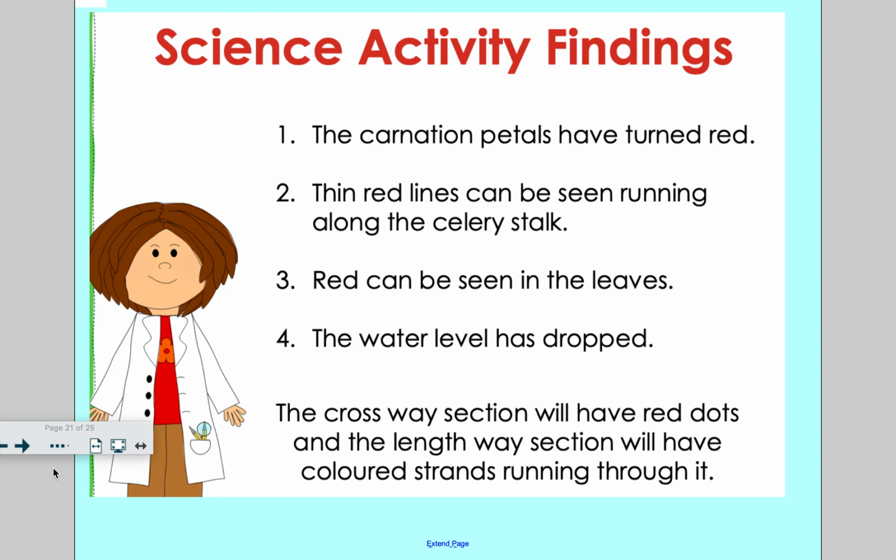You should be able to see colouring in the leaves, and the water level has dropped because obviously it's been drinking the water, okay? The cross section will have red dots and the lengthway section will have coloured strands running through it. So just, again, classic opportunity to do lots of observation and recording of what it is you can see.